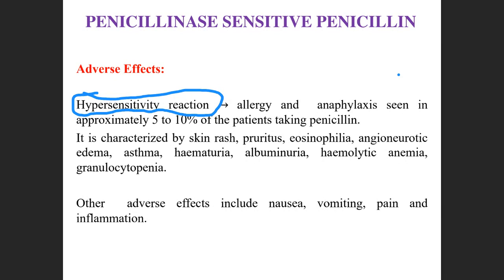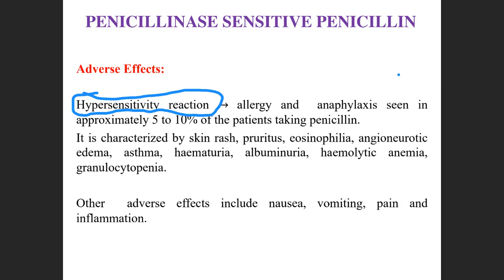The patient may get sudden anaphylaxis or an allergic reaction. So if a patient has not taken penicillin before, it is necessary to first test the penicillin dose.